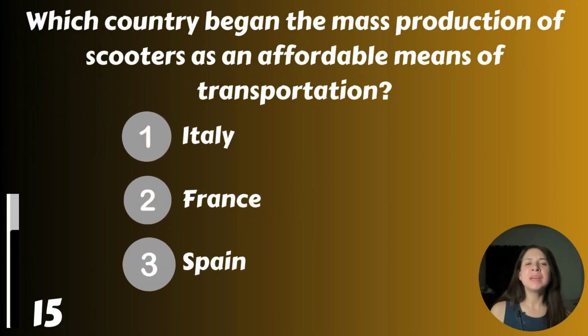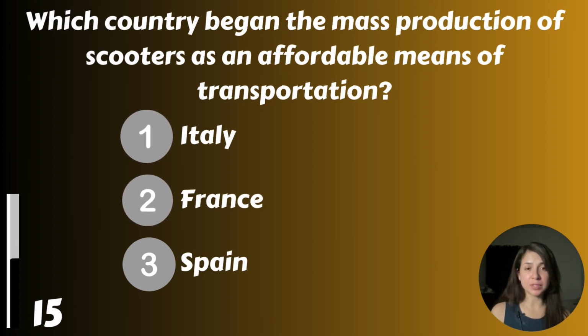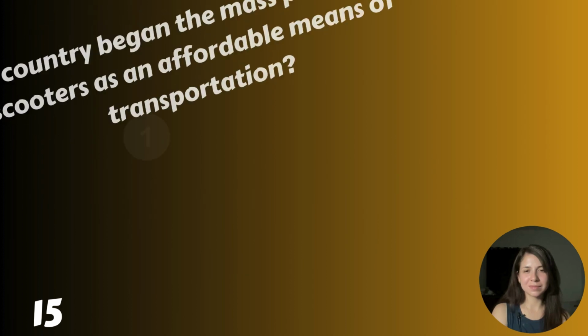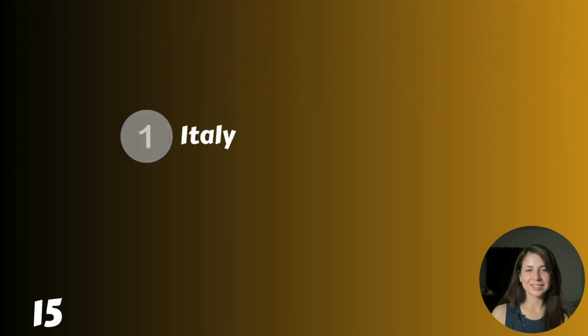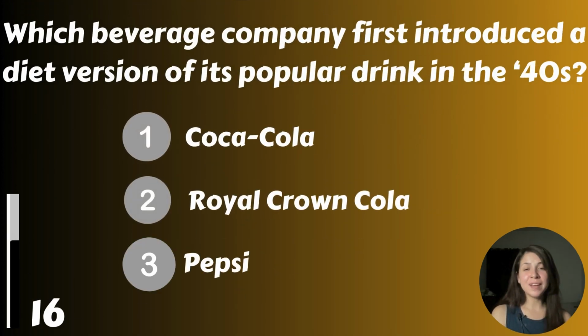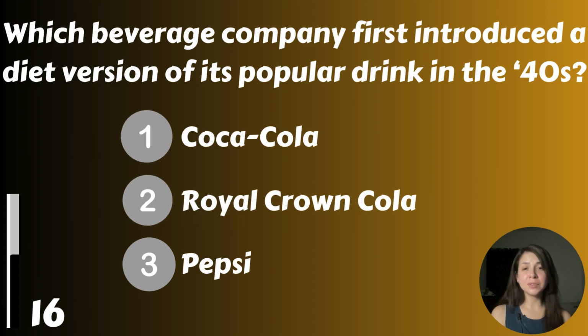Which country began the mass production of scooters as an affordable means of transportation? Italy, France, or Spain? Italy. Which beverage company first introduced a diet version of its popular drink in the 40s?